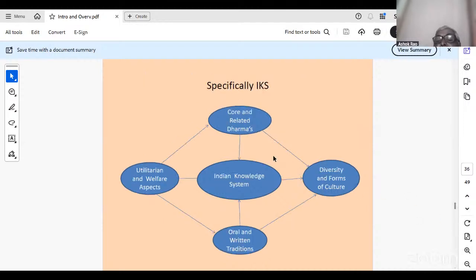Specific to IKS, it's this tremendous diversity of culture, oral and written traditions of knowledge, core and related dharmas for action and conduct, and tremendous utilitarian and welfare aspects. For example, today it has changed after the Islamic rule of almost 1,000 years.